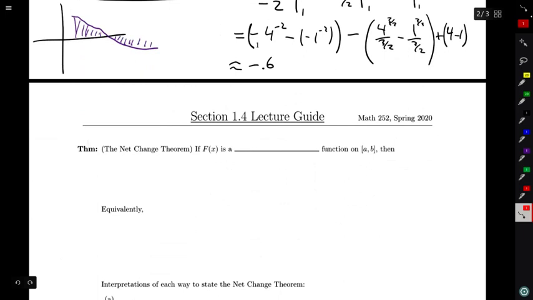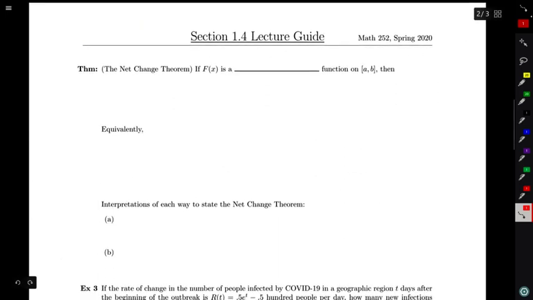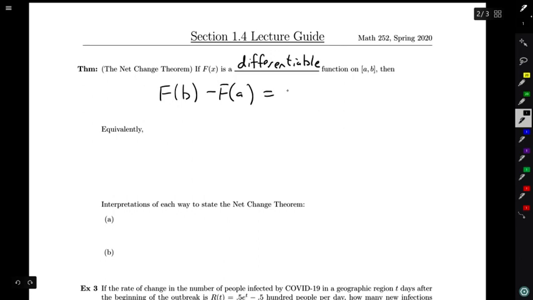All right, so let's move on and actually state this formally. This is called the net change theorem, and it looks a lot like the fundamental theorem of calculus because it essentially is. So if f of x is a differentiable function on the interval from a to b, then f of b minus f of a is the integral from a to b.